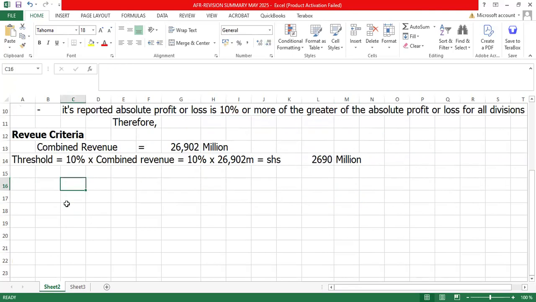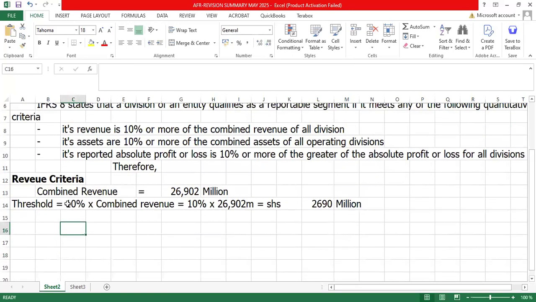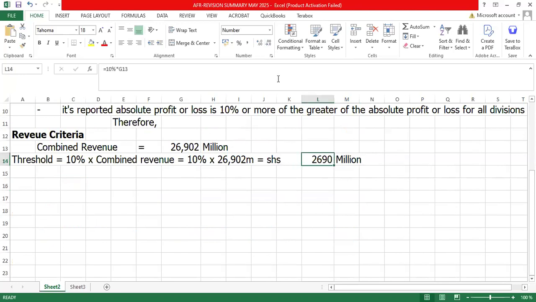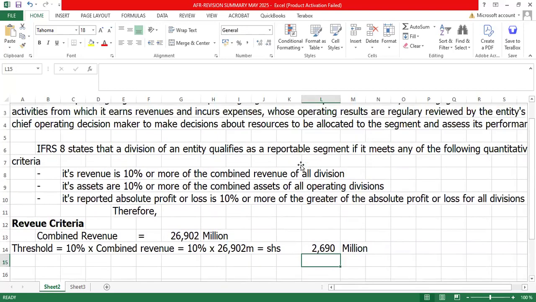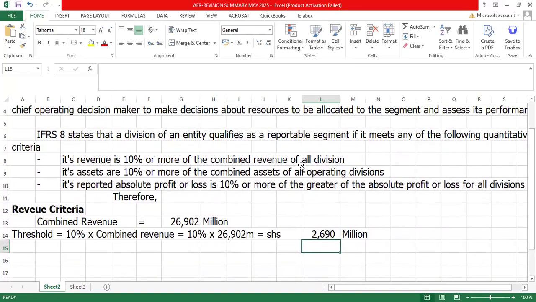Okay. Then from this, if you want to know which one qualifies as a reportable segment, but colleagues, are you following? Yes, we are following.